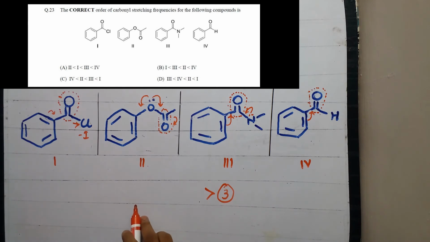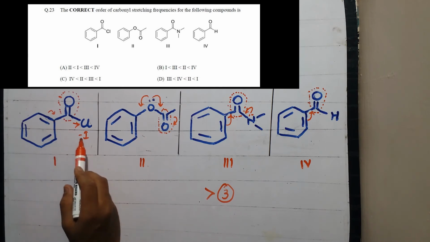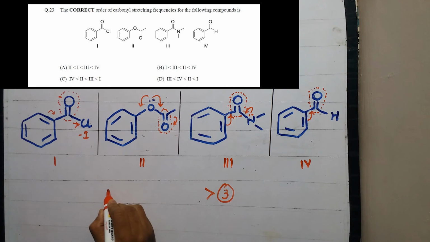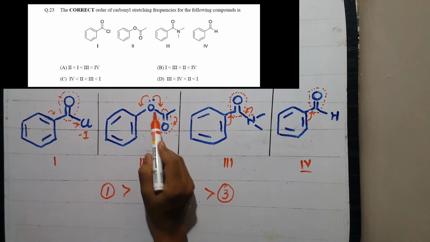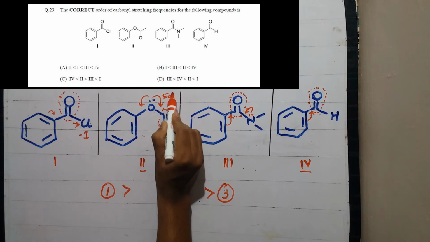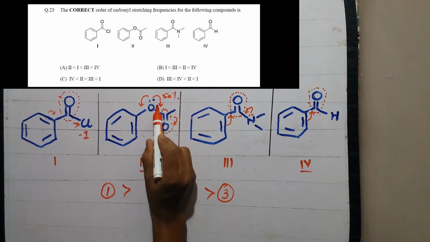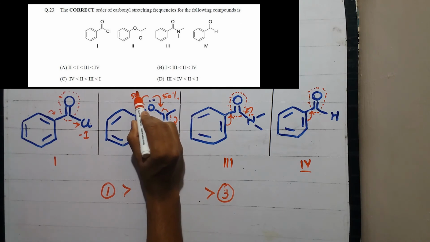Then, in the first option, the delocalization of this double bond into the benzene ring would not happen due to the minus I effect, hence the first molecule would have the greatest nu CO or carbonyl stretching frequency. Then between 2 and 4, let us consider there is a 50% chance of the oxygen lone pair delocalizing in this way as well as in this way too.